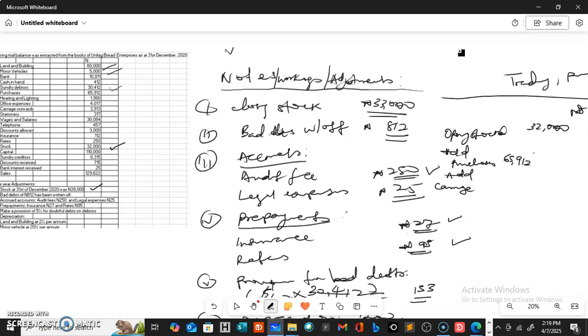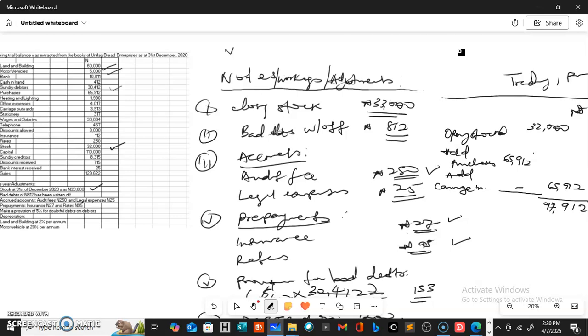From the question, do we have carriage inwards? We don't have carriage inwards in this question. So we don't have any carriage inwards. Okay, it's 65,912. So that is 97,912.